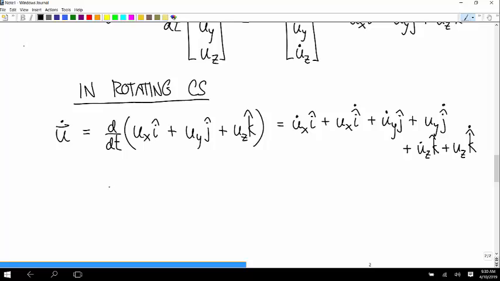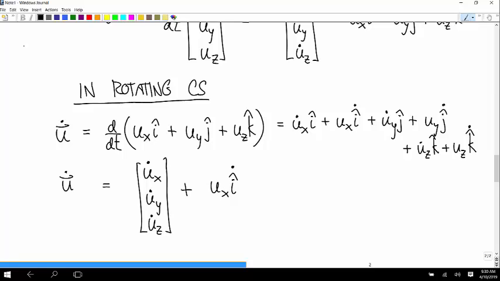And if I separate this out, I can write this as ux dot, uy dot, uz dot, plus ux times i dot, plus uy times j dot, plus uz times k dot.